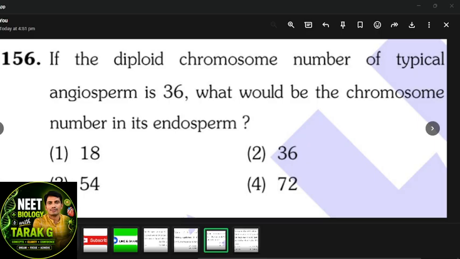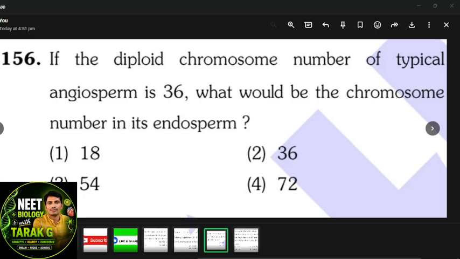In angiosperms, the endosperm is 3N, triploid. It forms by the fusion of one male gamete, which is haploid N, and two polar nuclei, which are N plus N. During fertilization, one male gamete fuses with the ovum and the remaining male gamete fuses with the polar nuclei.